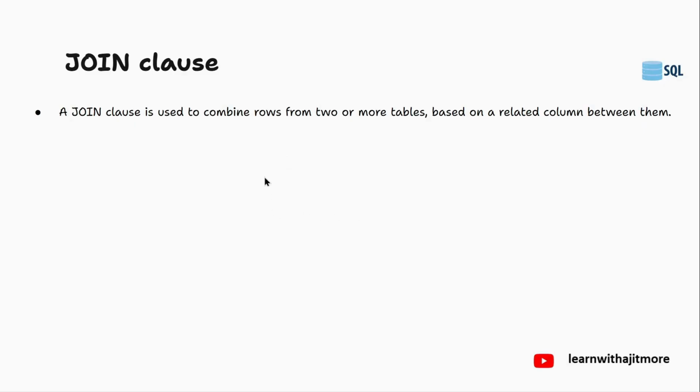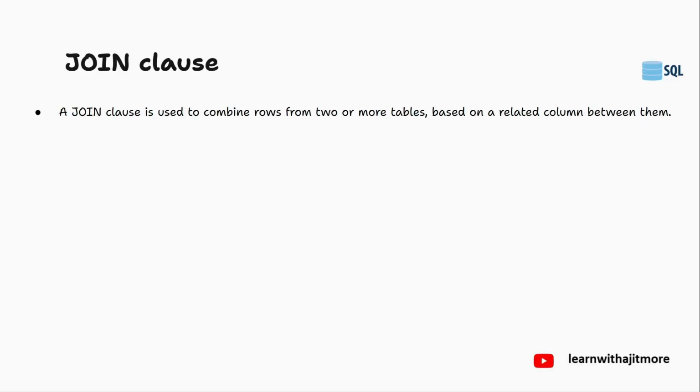Which common value? Department ID in the employee table is related with department ID in the department table. So a join clause is used to combine rows from two or more tables based on a related column. And that is what sets the relationship. That's why we call it a relational database management system.